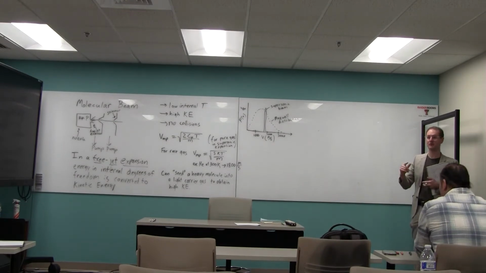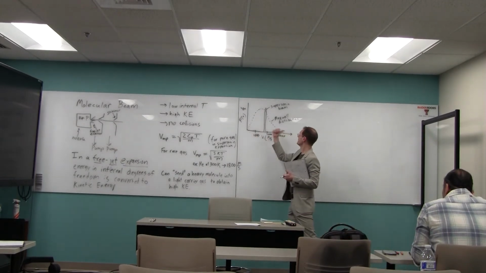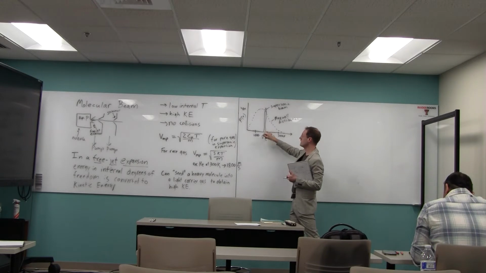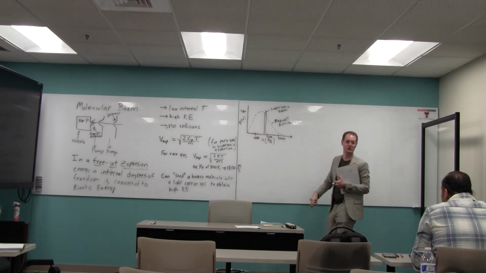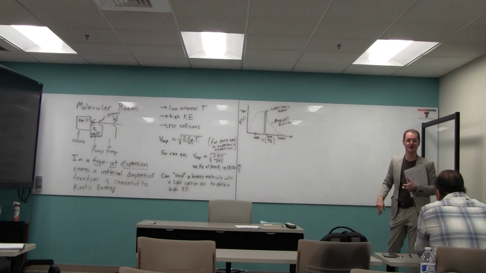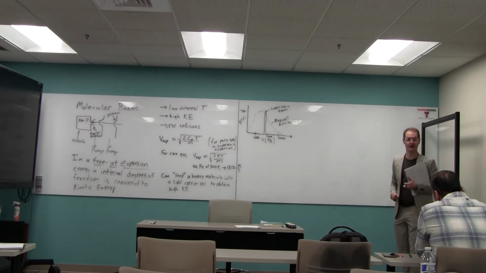So if you have a polyatomic molecule, then the reason why in the supersonic beam it's faster than the most probable Maxwell-Boltzmann speed is partially due to the fact that the energy in internal degrees of freedom is being converted to kinetic energy.